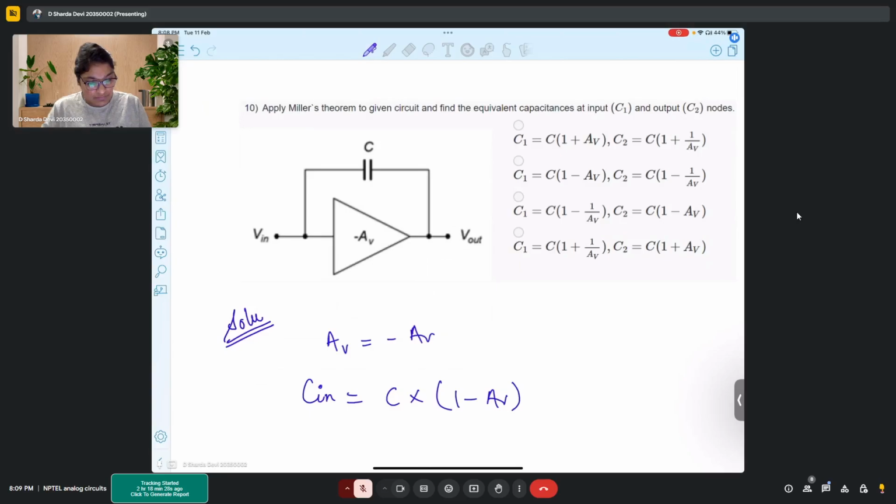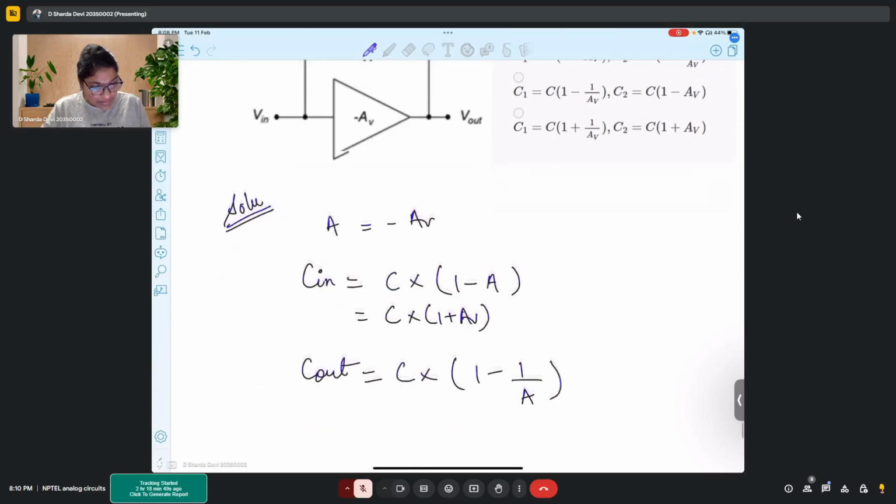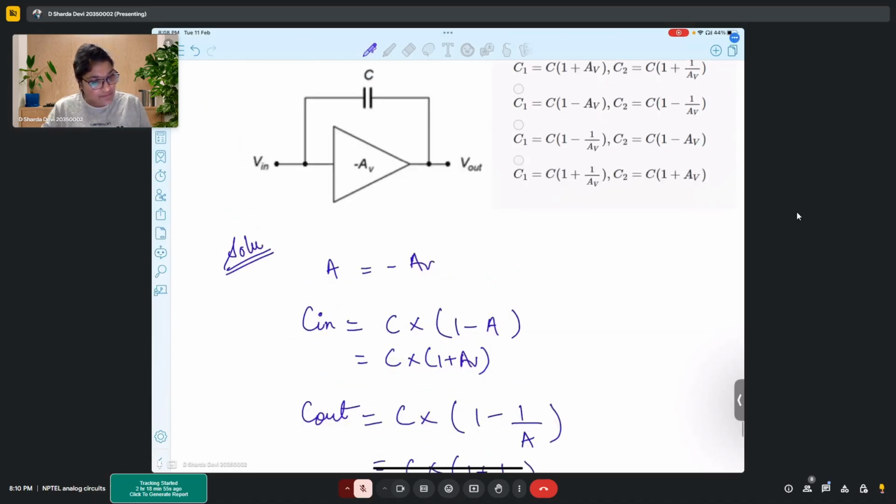Okay, maybe I'll write A, so there is no confusion. And C out is C into 1 minus 1 upon A. So this becomes C into 1 plus AV, and C out becomes C into 1 plus 1 by AV, right?